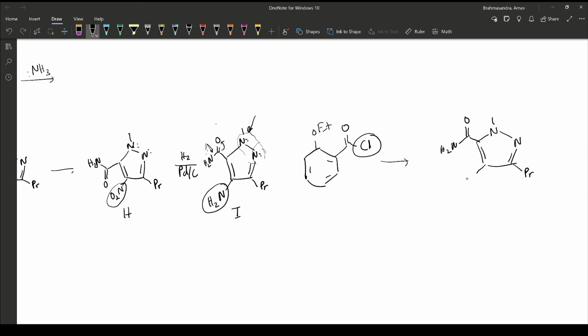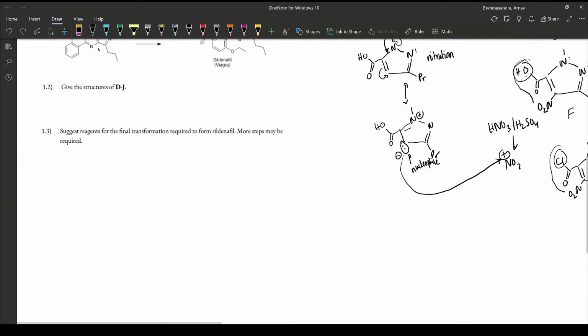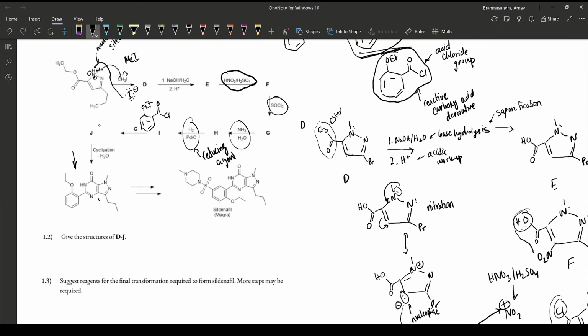And we're going to have our amine group now attached to this C structure. So we basically connect these two structures together. That's what we end with here, and this is our J.